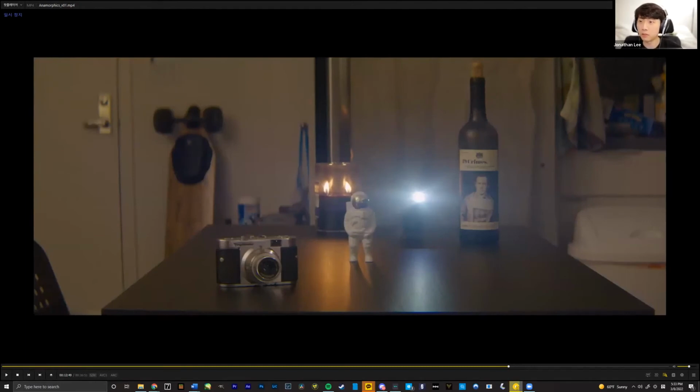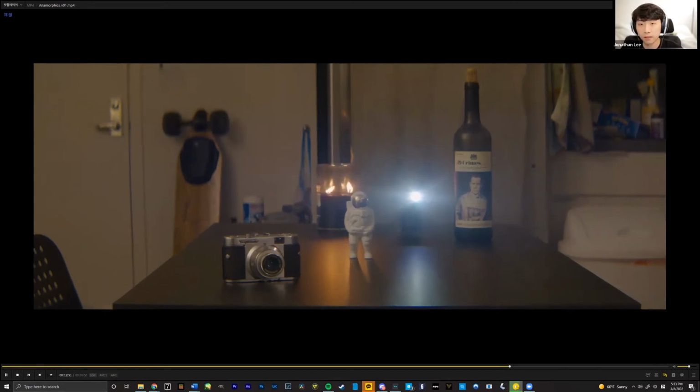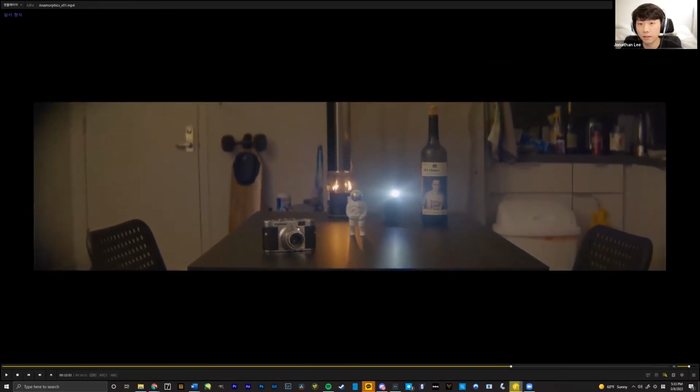This is a 2.39 by 1 aspect ratio. And this is what the digital sensor with a 16:9 sensor captures when it's squeezed by 2x. So basically, it is in a format that is too slim to be usable.